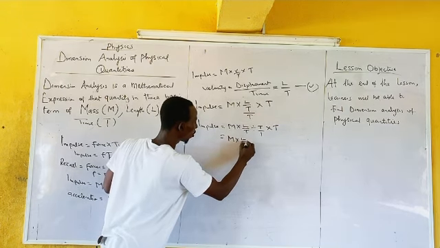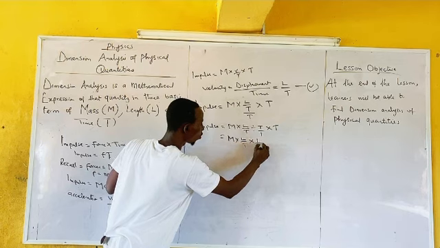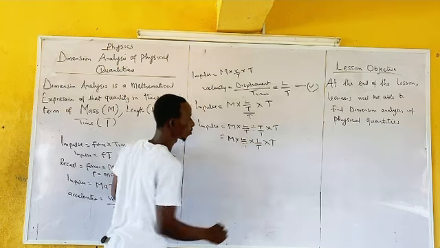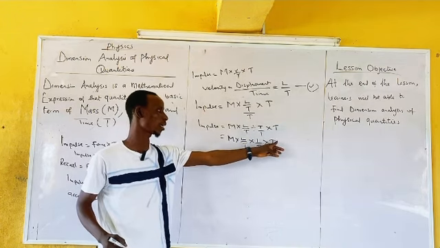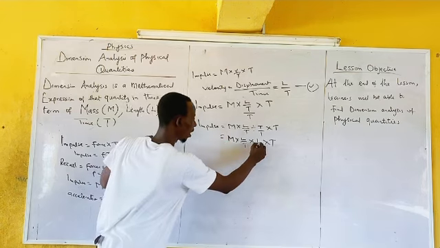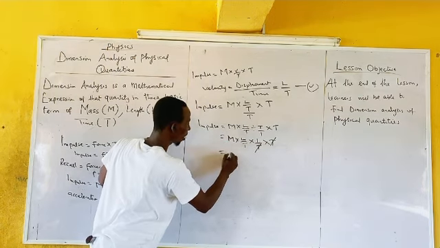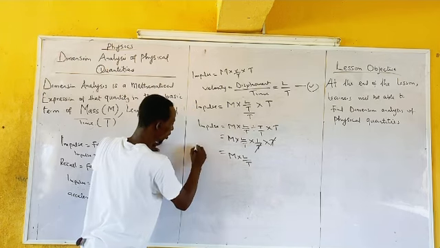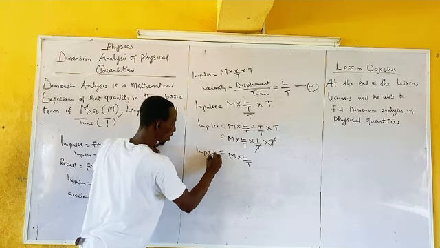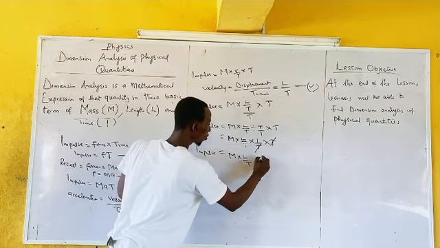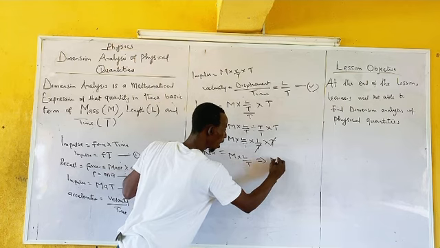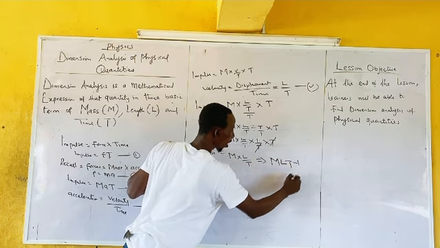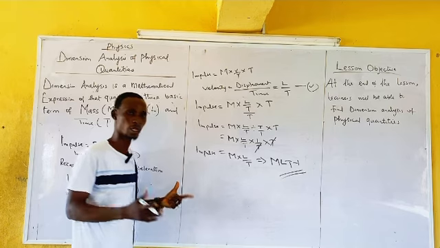M times L over t times 1 over t times t. This t can eliminate this t. Then m times L over t, which is the impulse. So make it linear. It should now be equal to MLT raised to power minus 1. This is the dimension of impulse.